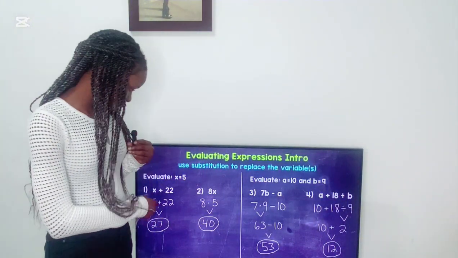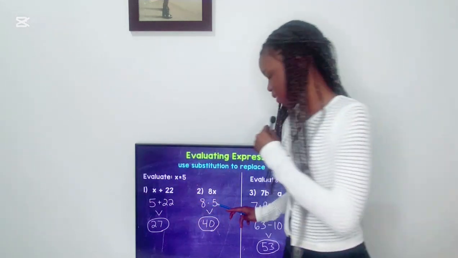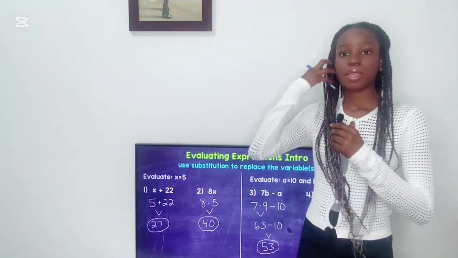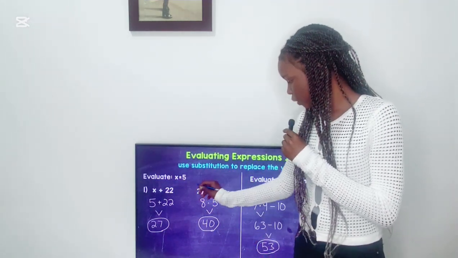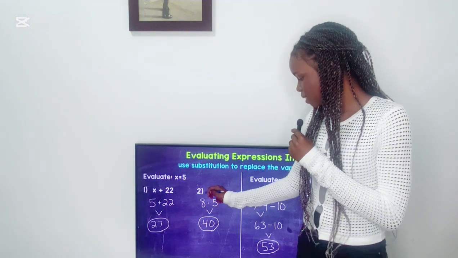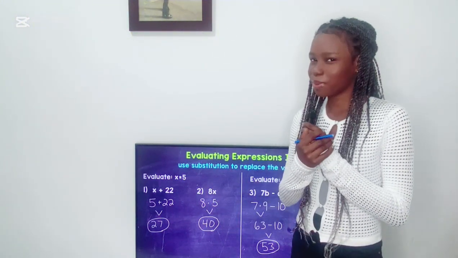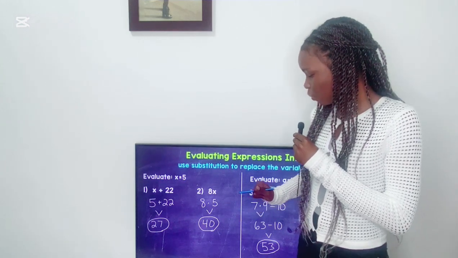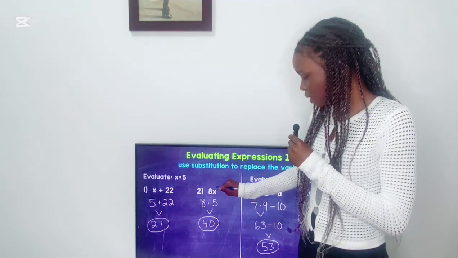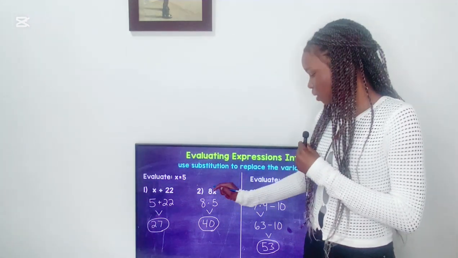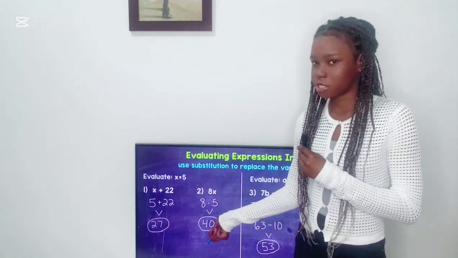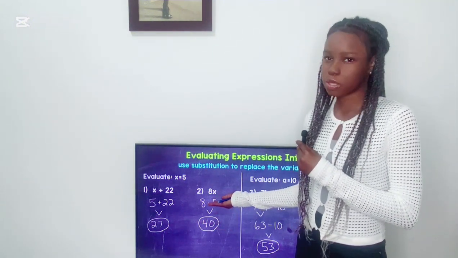Let me move over here, I think you could see number 2 better if I stand here. For number 2, we have 8x. Now it's getting a bit tricky. You're like, okay, what does this mean? What is this x here for? Well, this x does not mean multiplication because, first of all, what are we multiplying?